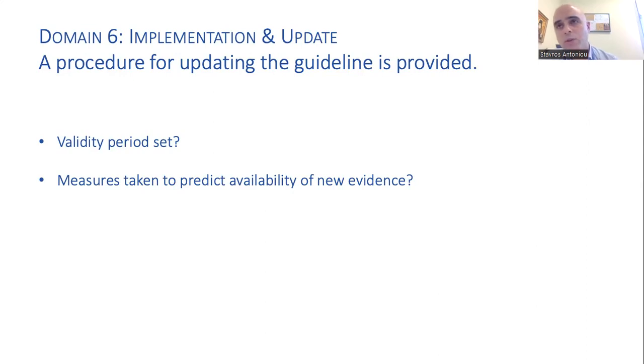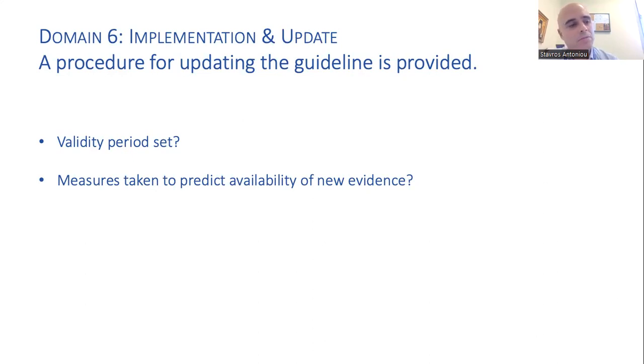So we need to make sure that there's a date of expiration of our set of recommendations for various reasons, and among those, the most important might be the emergence of new evidence. So we need to predict when new evidence is going to become available.